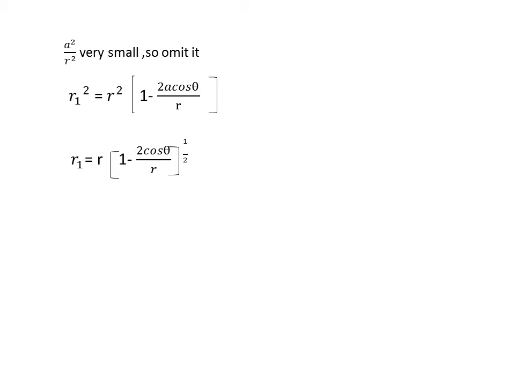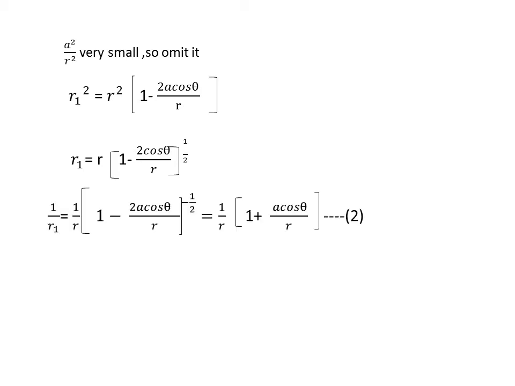Instead of square root, we can put the power as half. Take inverse on both sides. 1 by r1 equal to 1 by r into 1 minus 2a cos theta by r, the whole raised to minus half. Now we can expand this using binomial theorem, and we have 1 by r1 equal to 1 by r into 1 plus a cos theta by r.